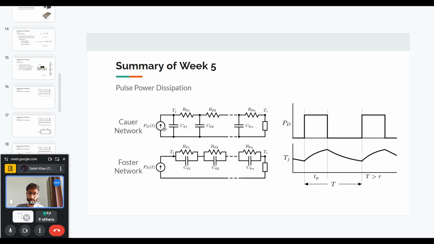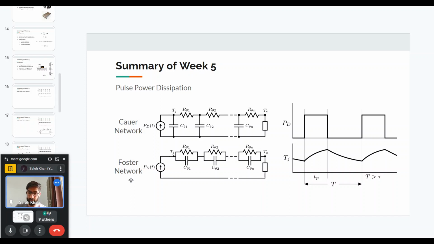Like I've shown here, in the first one we have thermal resistance and thermal capacitance connected in a ladder fashion. And this is called a Cauer network. And the second one, where the thermal resistances and thermal capacitances are connected in parallel fashion, is called a Foster network.